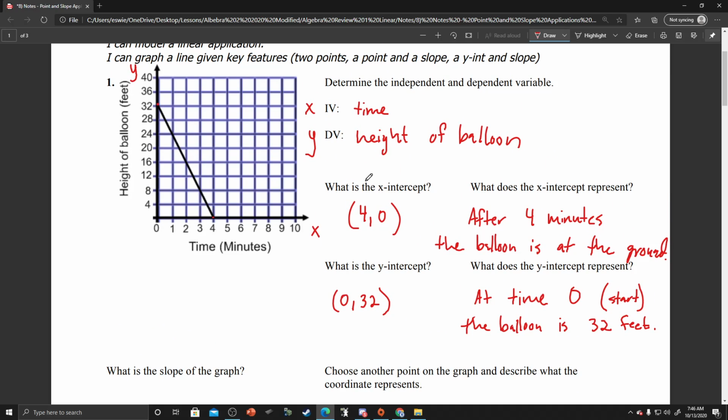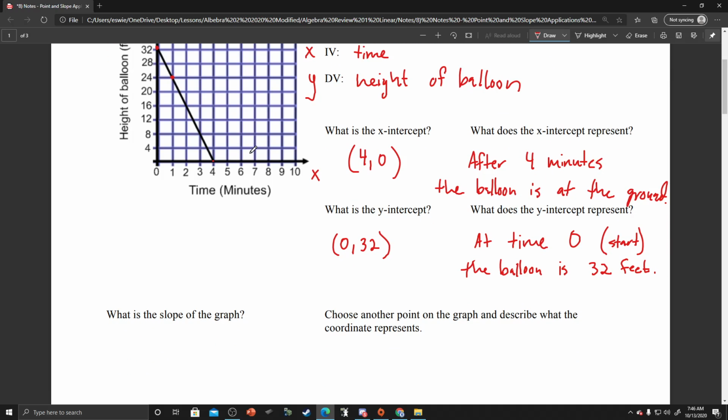So we can think about the slope because we could look at 2 points. Let's say this point and this point, and we could figure out the slope. I go down 8, so minus 8, and then I go over 1, which is just minus 8. If I choose another point, let's say this point, then what would this represent?